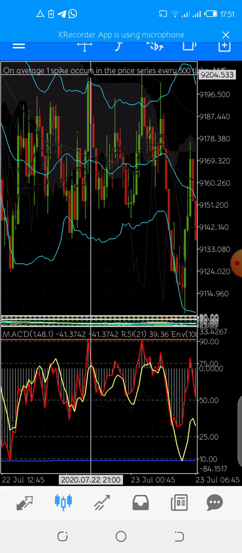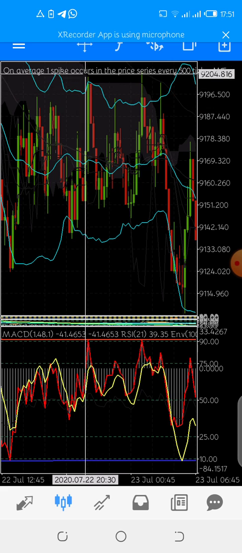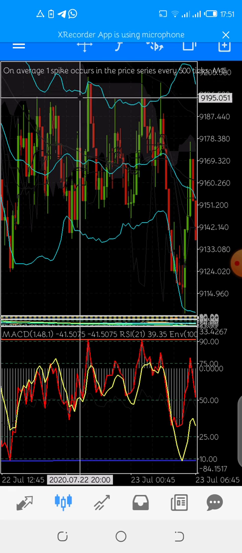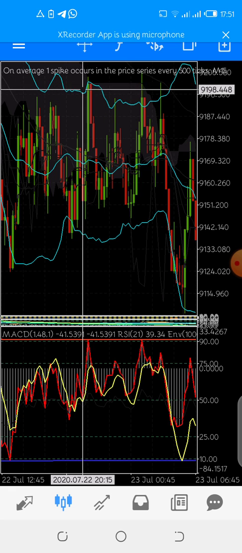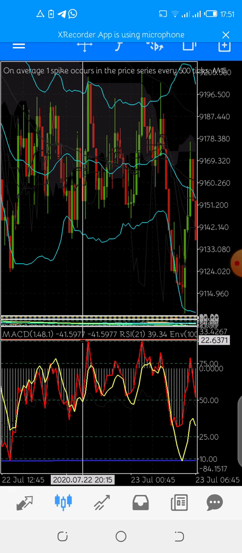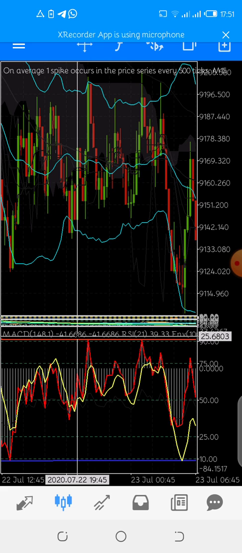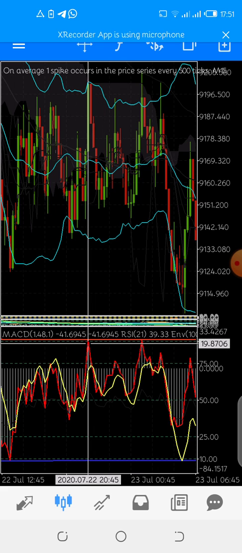I would comfortably place that because it is two indicators giving you the signal. Why? We are at the top of the Bollinger Band, and the Bollinger Band is always a resistance. So I would have taken this signal very comfortably, as much as the moving average was not exactly on top at that time, but I would have placed this trade.